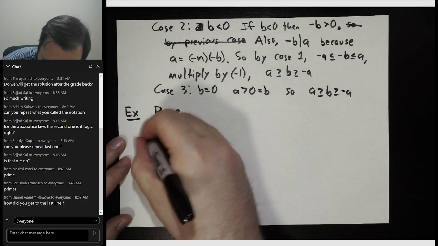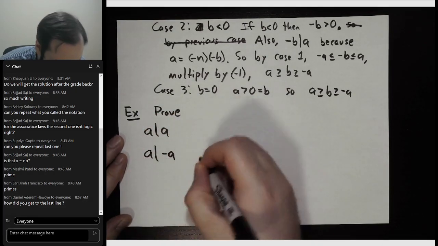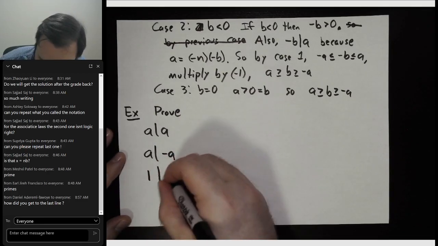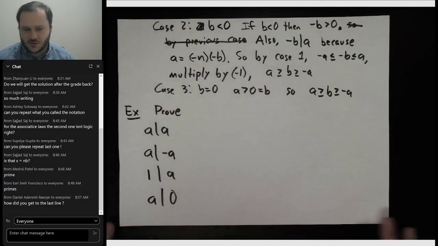So prove a divides a, a divides minus a, 1 divides a, and a divides 0.